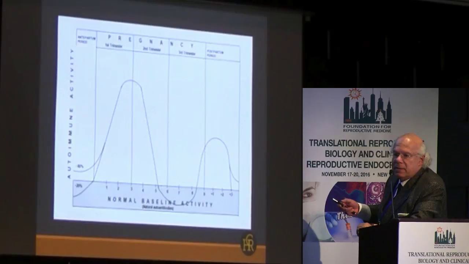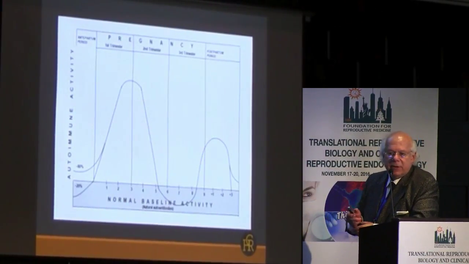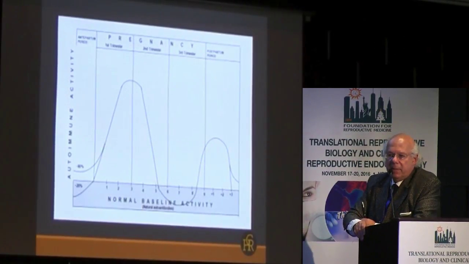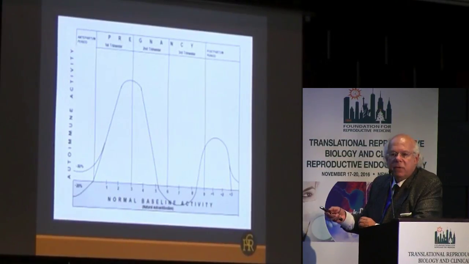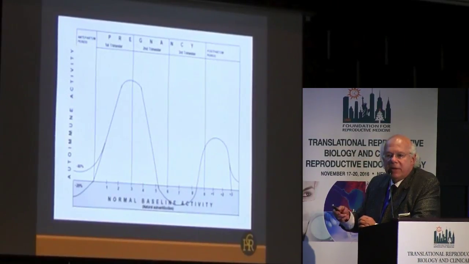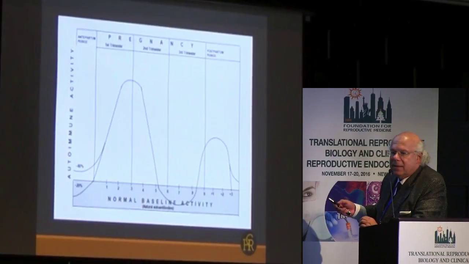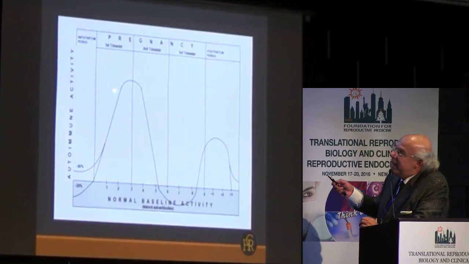And we use as markers a profile of tests which includes ANAs, APAs, antiphospholipid antibodies, and we use those as a screen every 2 weeks in order to assess where the patient's immune system is. And as I said, if she is in an acute phase of hyperactivity, you will see that she will flare.